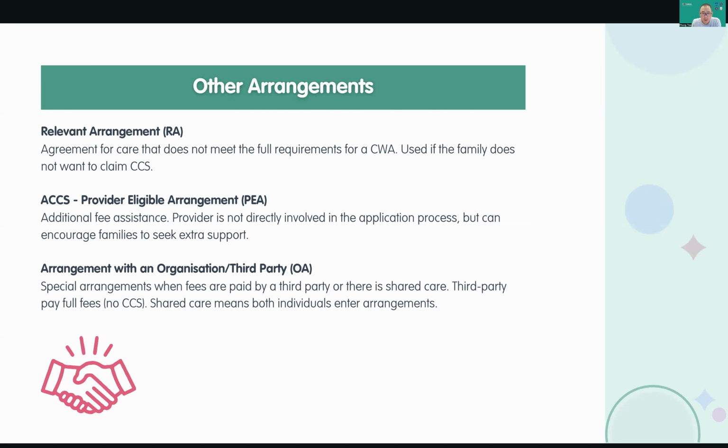Sometimes it's an employer or another organization or state, where the other party will cover the cost of the fees for the care of the child. If a third party pays the whole fee for all sessions on behalf of an individual, the provider must create an arrangement with an organization enrollment for that child. The provider invoices the organization for the full fee as agreed in the arrangement because no CCS will apply.